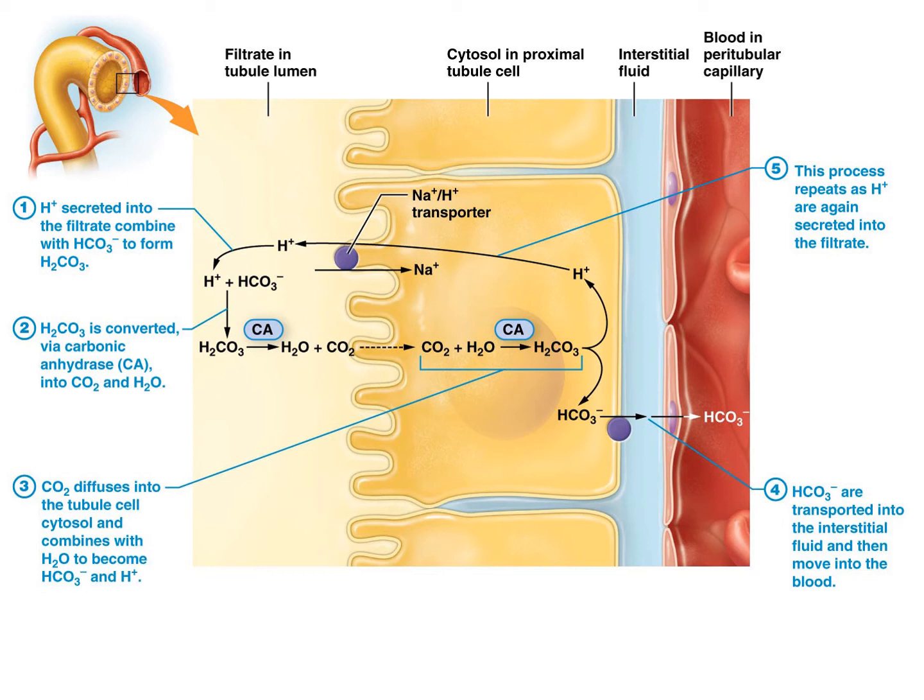Okay, and the hydrogen then can react with bicarbonate in the filtrate to form carbonic acid that's then converted back into water and carbon dioxide to continue to drive the formation of bicarbonate. So this is how bicarbonate is kind of recycled.